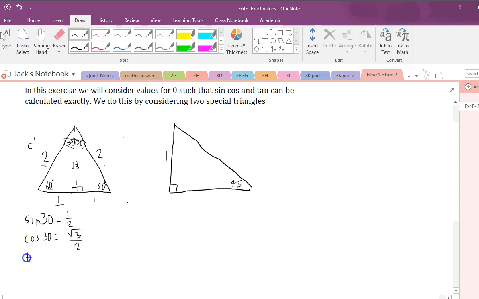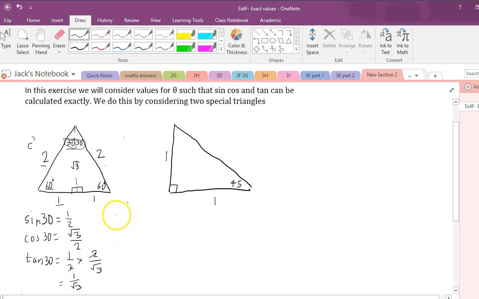And then tan of 30 is equal to sine 30 on cos 30, which is a half over root 3 on 2, which is a half times by 2 on root 3, which is equal to 1 on root 3.